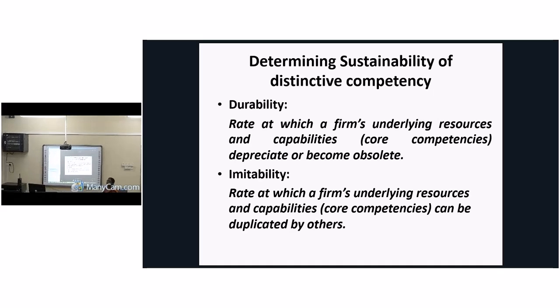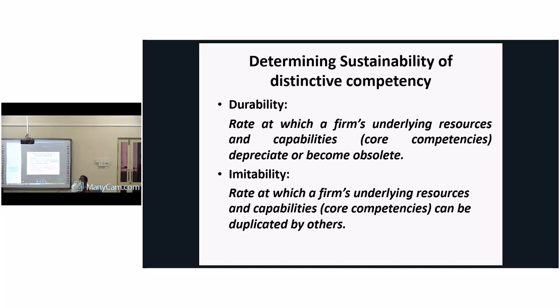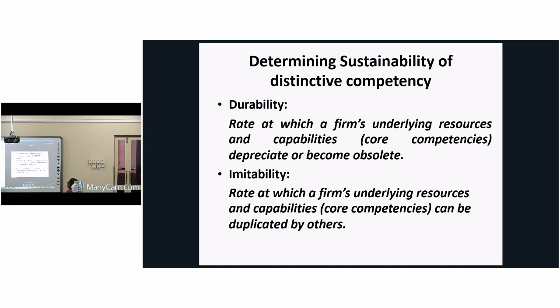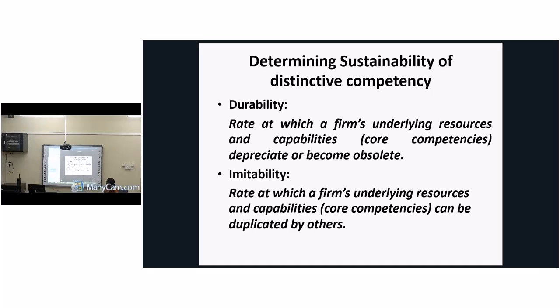If it has a higher life, then we say it is durable. Then imitability is the rate at which a firm's underlying resources and capabilities can be duplicated by others.